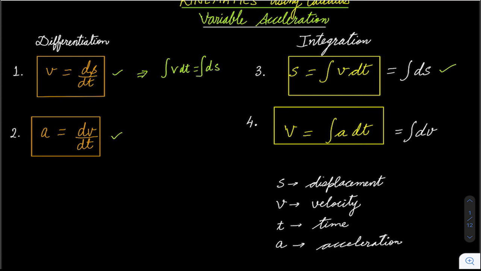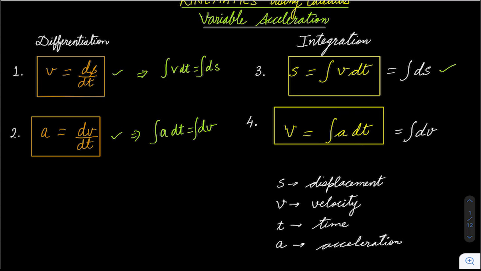So I get this formula, that is the third one. In a similar way, if I use the second one, acceleration equal to dv by dt, I can write a dt is nothing but dv, and then I integrate both sides. So I get velocity is the integral of a dt.